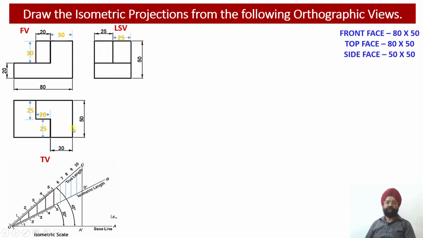So corresponding to this total width, 25 millimeter will be corresponding to this segment, 25 millimeter width will be corresponding to this segment. Depth of both of these segments will be how much? It is equal to 30 millimeter.